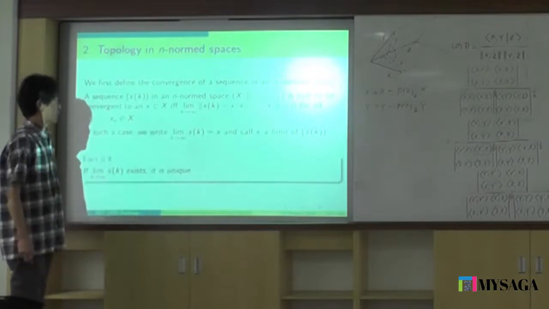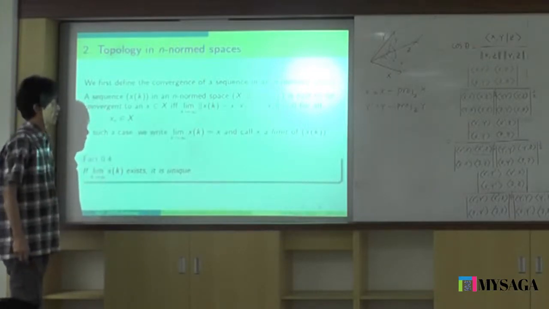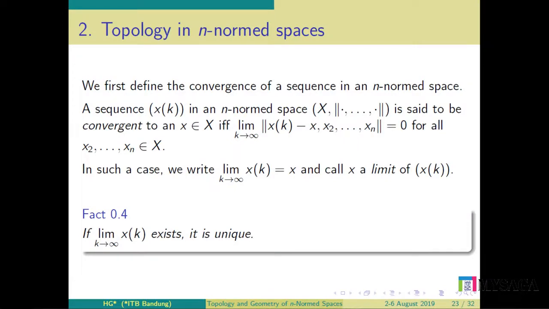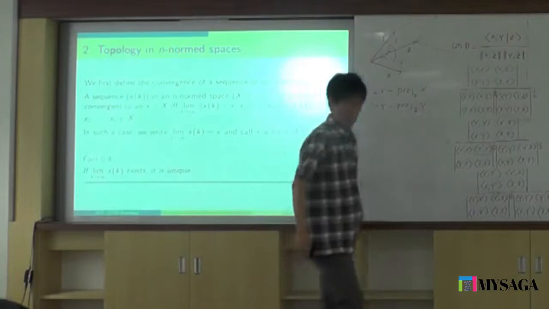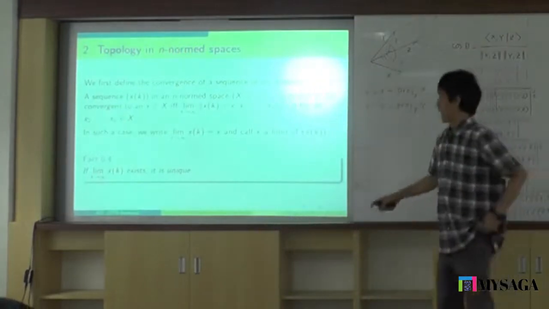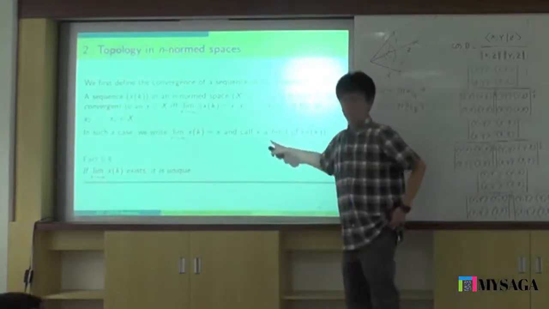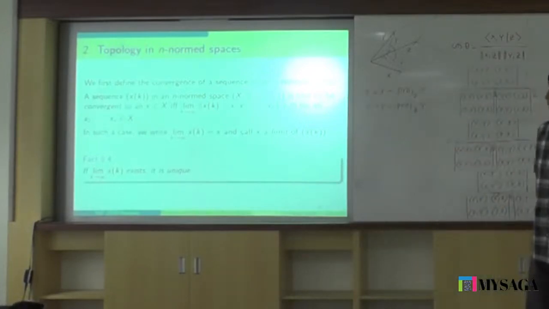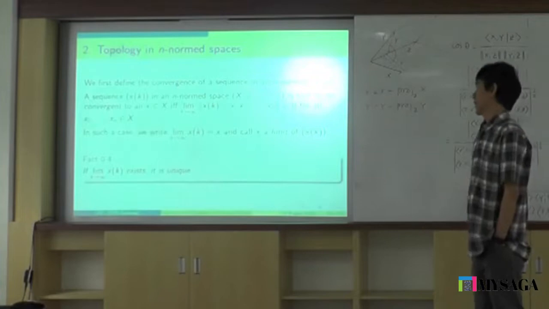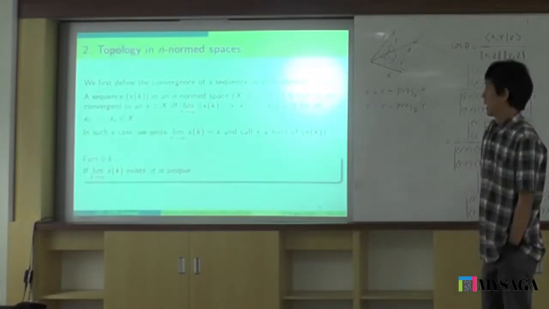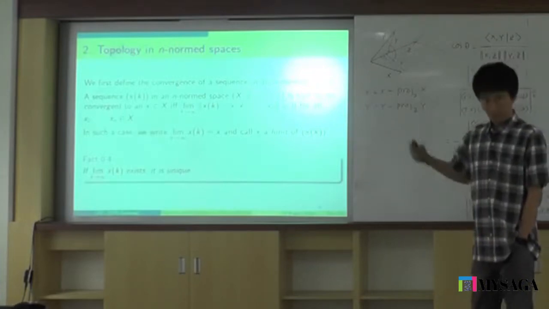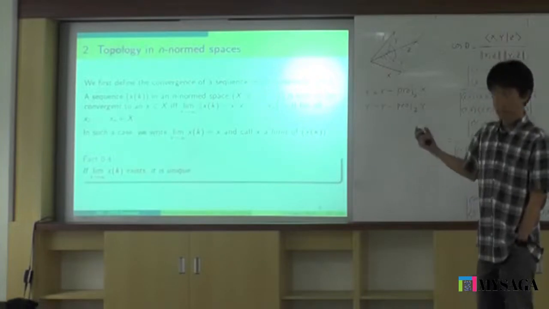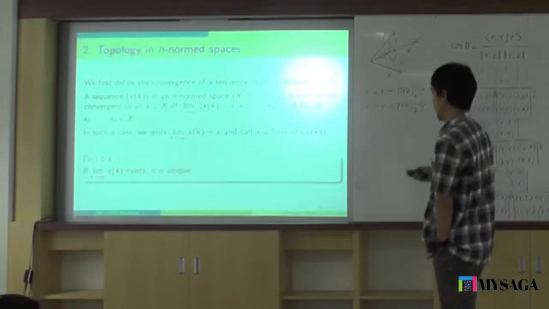In such a case, we write that the limit of the sequence is equal to x and call x the limit. I haven't used the word "the" because we don't know the uniqueness, but soon we prove that if it exists, then it is unique, and later on we can call it the limit of the sequence.